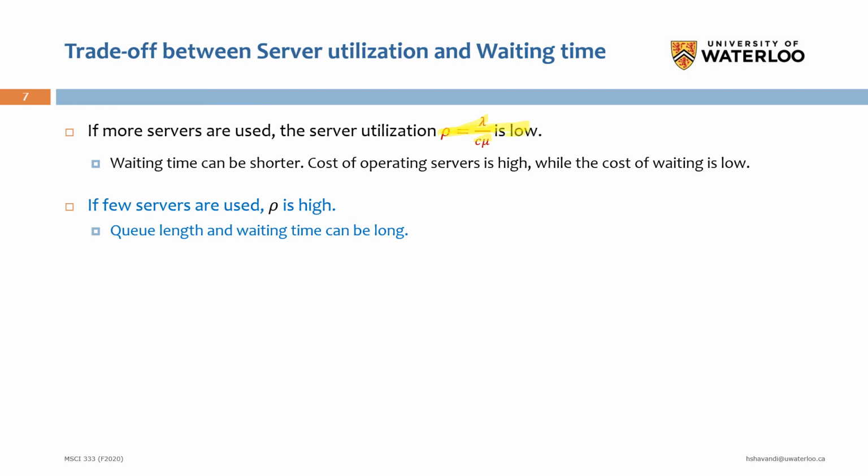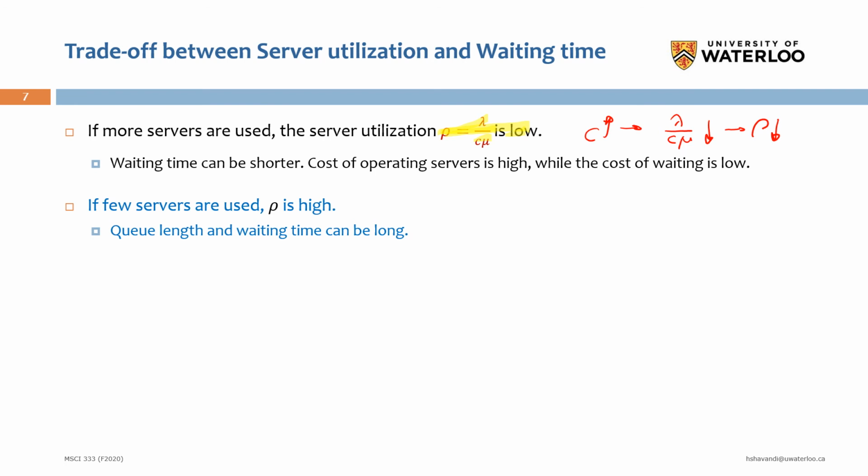See here, if we increase the number of servers, then lambda over C mu will decrease. So this means we will have a lower utilization rate. So by having more servers, we have a lower utilization rate, but on the other side, we have a shorter waiting time, a shorter waiting line.